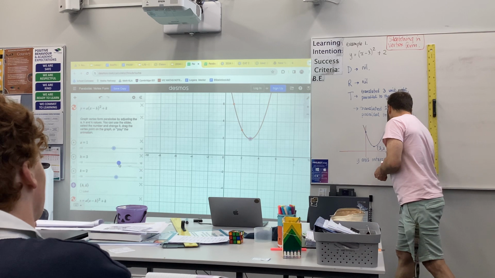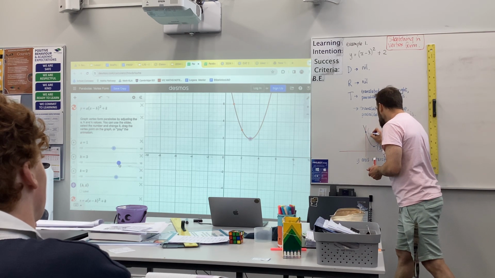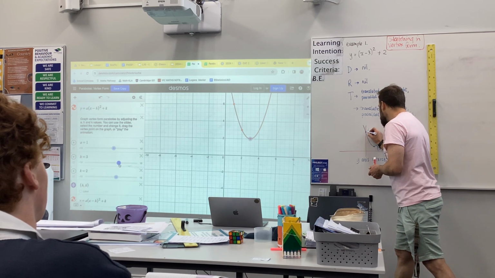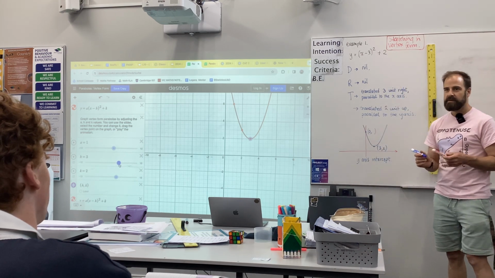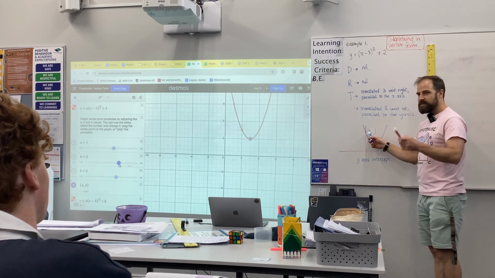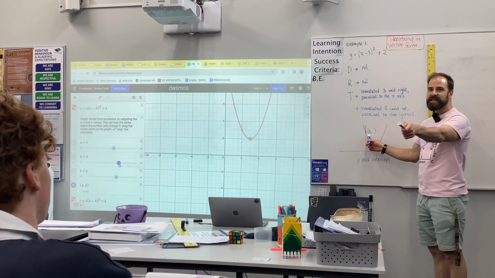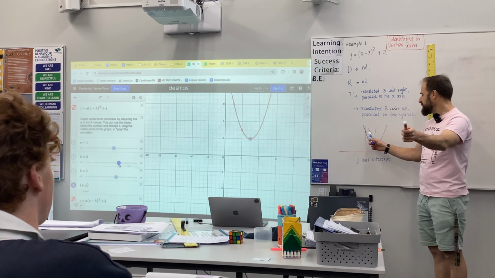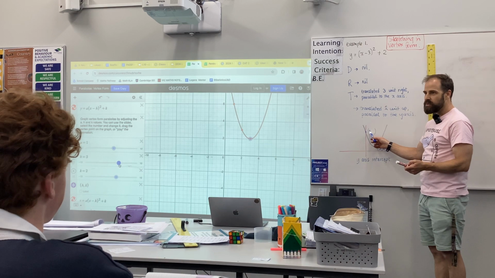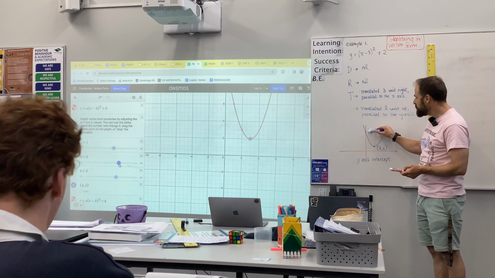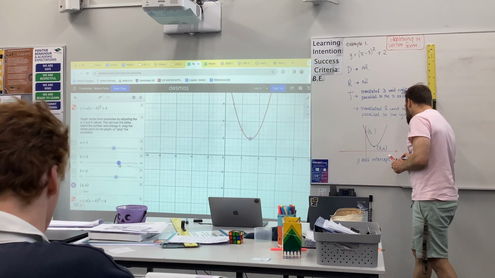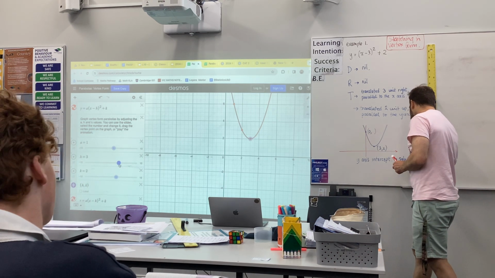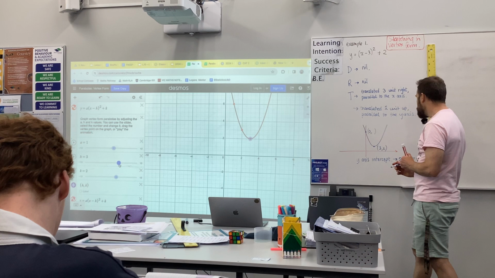How do I find a y-axis intercept? I can hear people whispering it, but while others are thinking, I'll give you a hint. I know the coordinates for this point are (0, something). In order to find the y-axis intercept, we're going to substitute x equals 0 into our equation because we know that x is equal to 0 at that y-intercept. So the y-axis intercept, sub x equals 0.